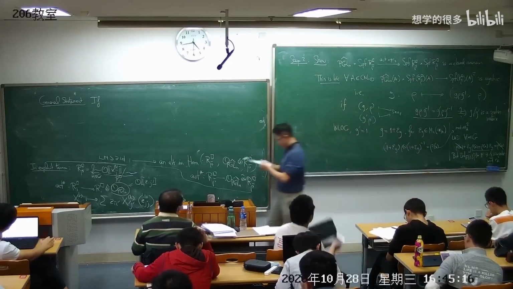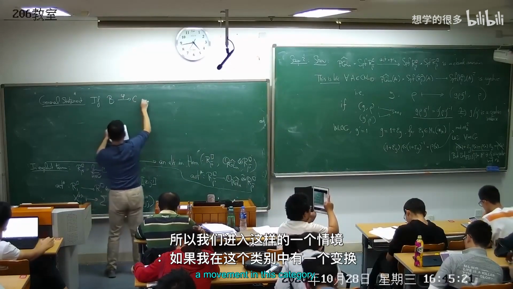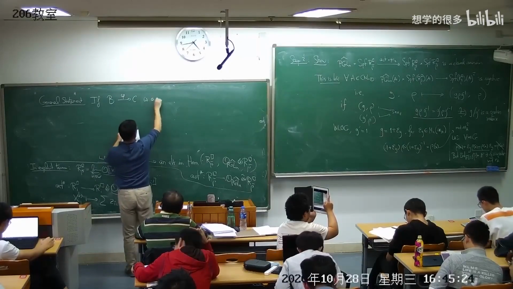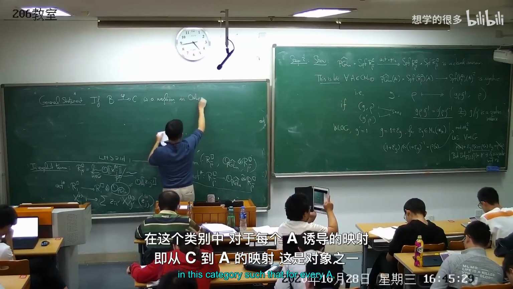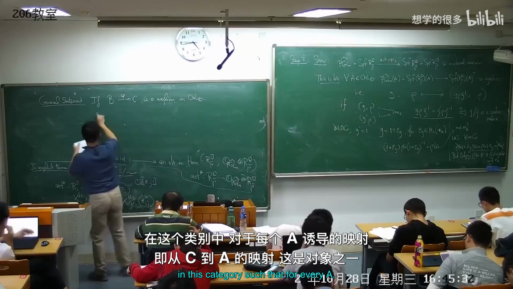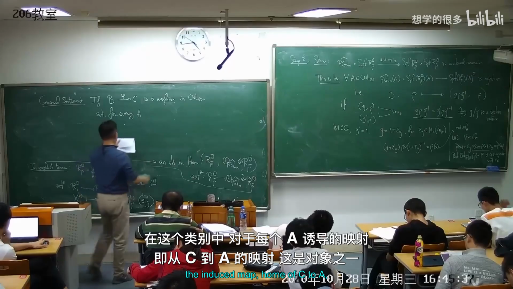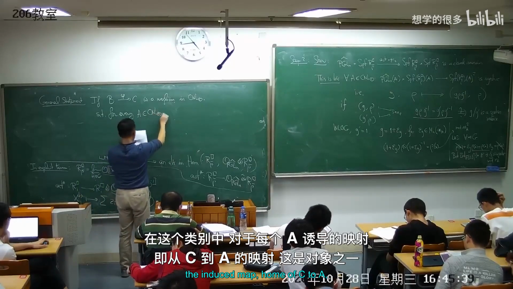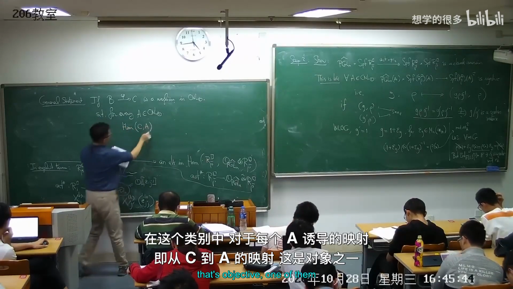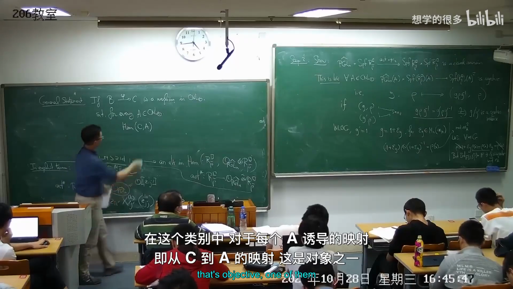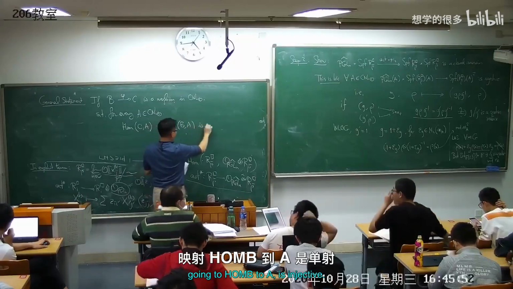So we're in the situation where I have a morphism in this category such that for every A, the induced map from Hom of C to A, going to Hom of B to A, is injective.